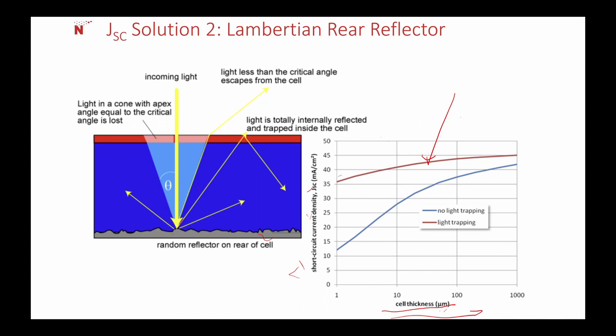Sorry, actually this is the lesser one, which was initially without coating of this surface. And this is after coating, which is increased. Can you see? The JSC is increased.